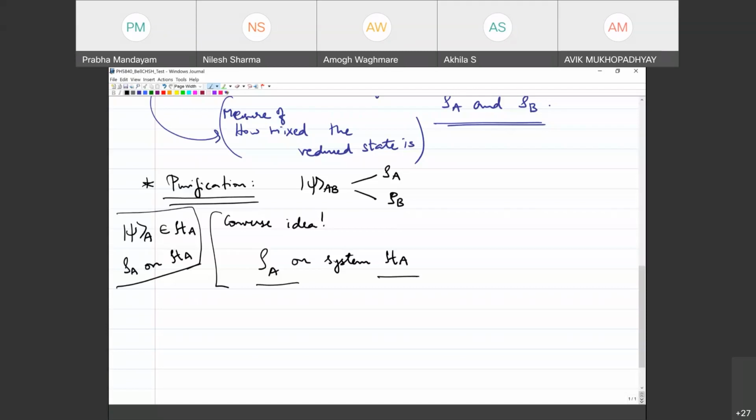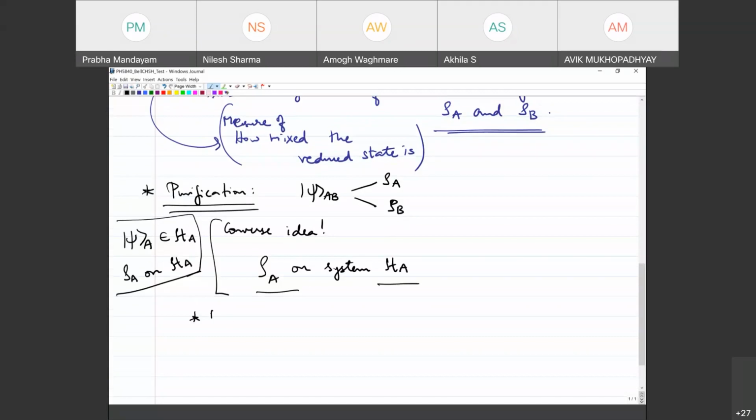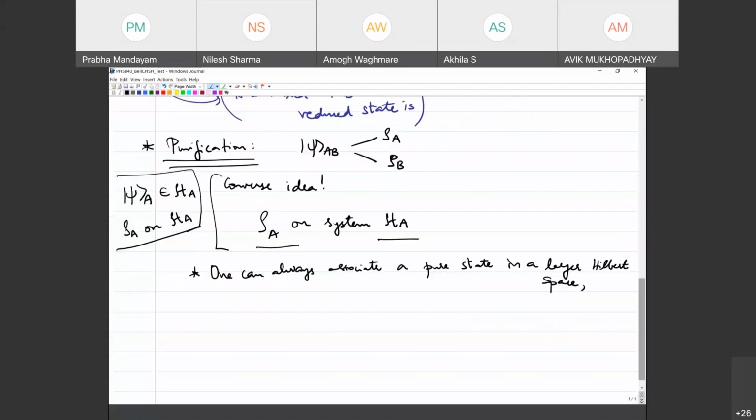The idea of purification is to say that one can always associate a pure state in a larger Hilbert space with the mixed state.